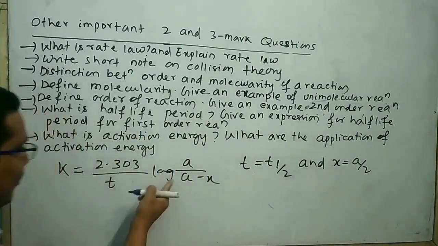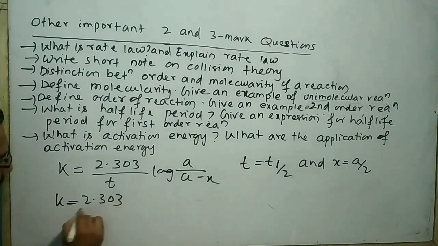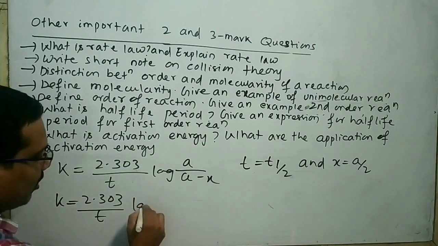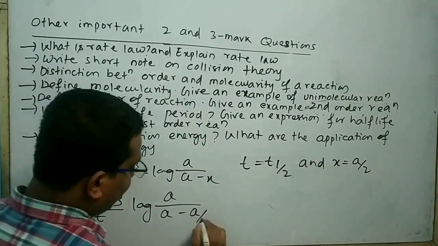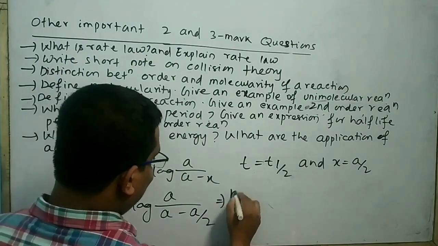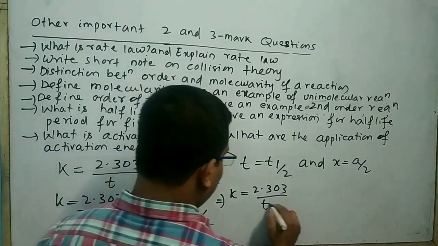Now put this value in this equation, then I can write K is equal to 2.303 divided by t log of a by a minus a by 2.